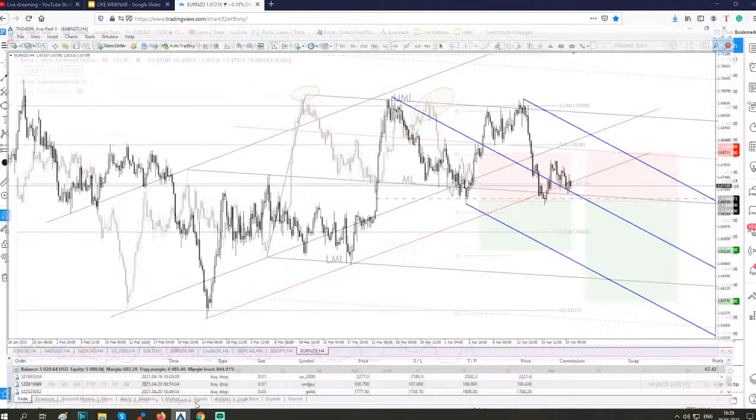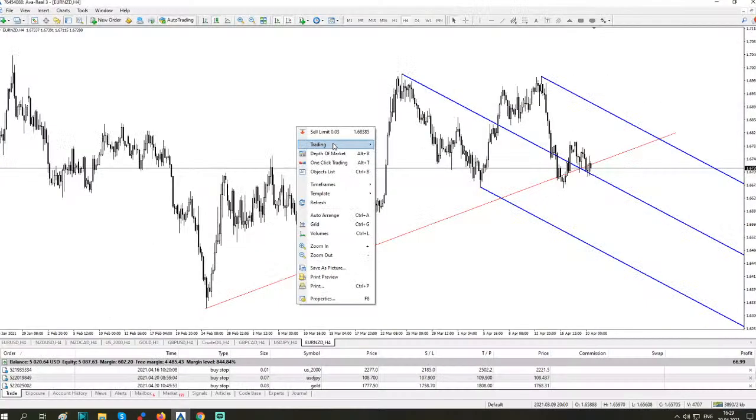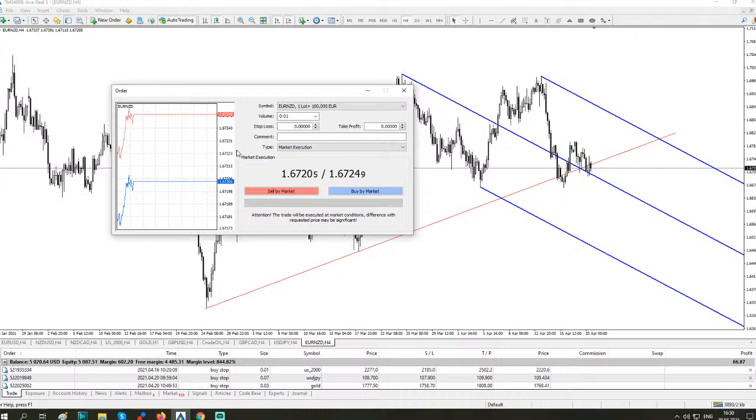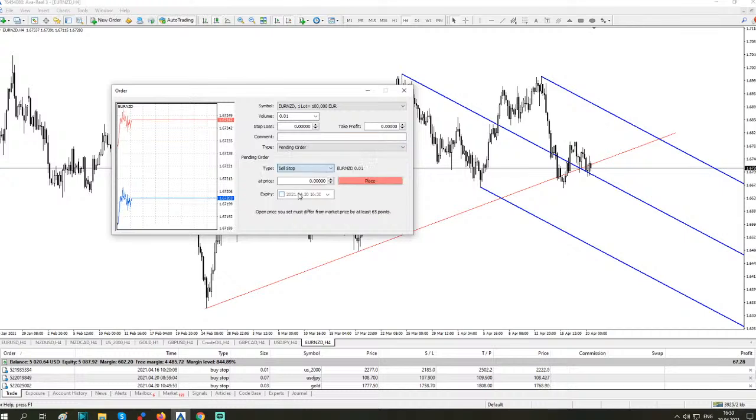So I will go here on my MetaTrader 4, and I will place, using 0.01 volume, a pending order, sell stop at 1.6660.